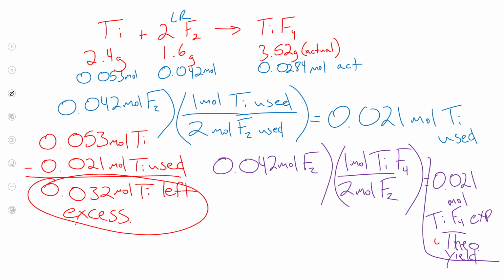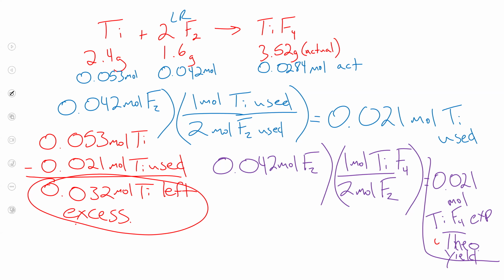Last step is just our percent yield. We've gotten this far, percent yield's a walk in the park compared to what we've already done, right? We already have an actual amount in moles. We have our theoretical yield in moles. If we left our actual yield in grams, we would just need to make sure our theoretical was in grams as well.